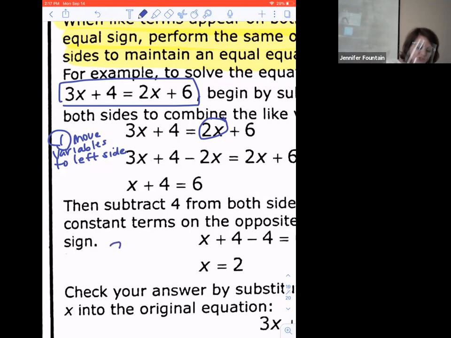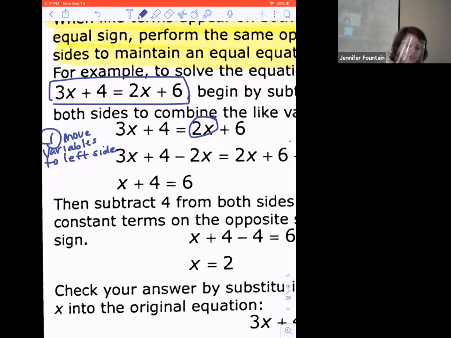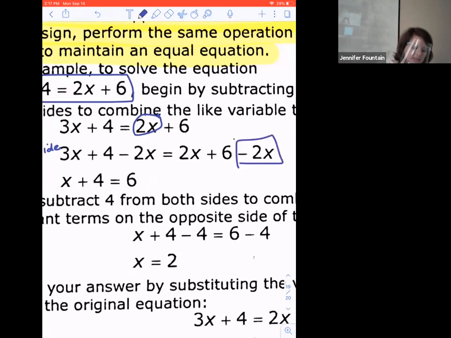So what is 2x minus 2x? Or actually, let's think about this for a second. What is 2 minus 2? 0. So if I take 2 away from one side, it makes that one 0. But if I take it away on one side, I have to take it away on the other side. Okay? So what I have to do is I want to subtract 2x from both sides. Okay?